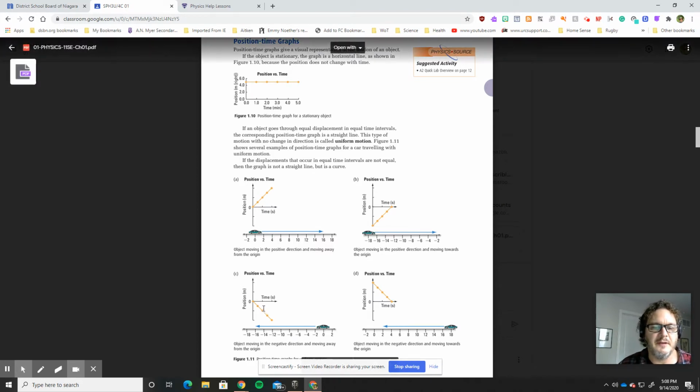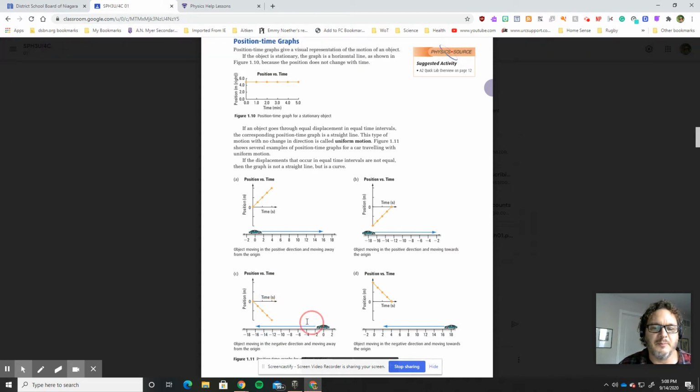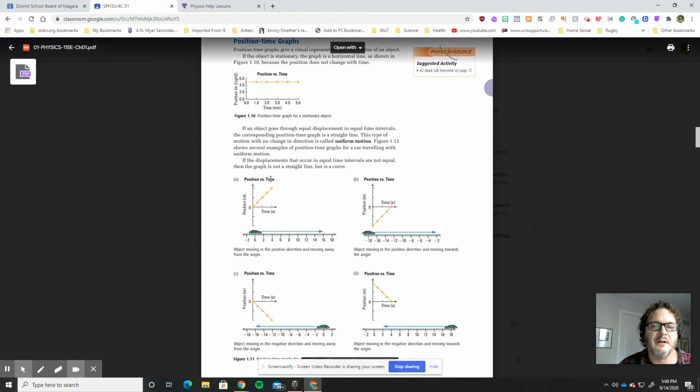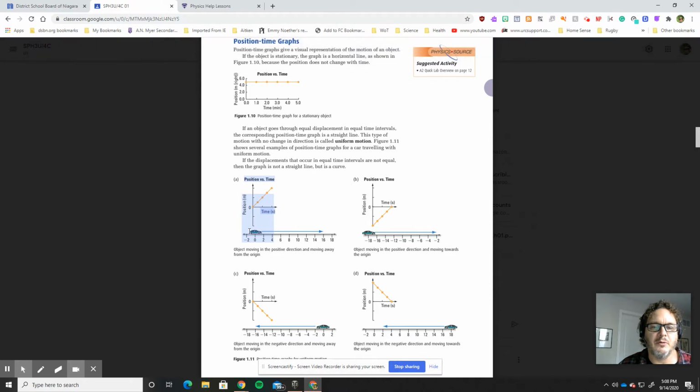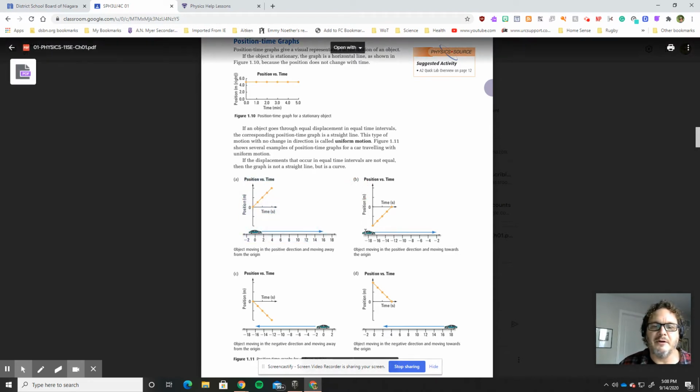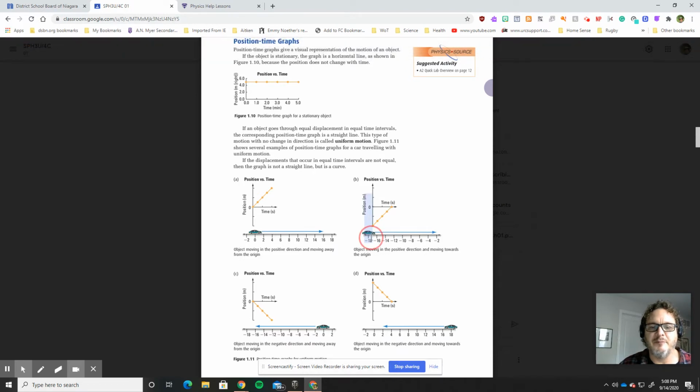If it slopes down, that means the car is moving in the negative direction from the origin. And you can see that the negative slope here corresponds to the negative direction there. The positive slope here corresponds to the positive direction there. It doesn't matter if the car starts at a negative position, meaning a position to the left of the origin.